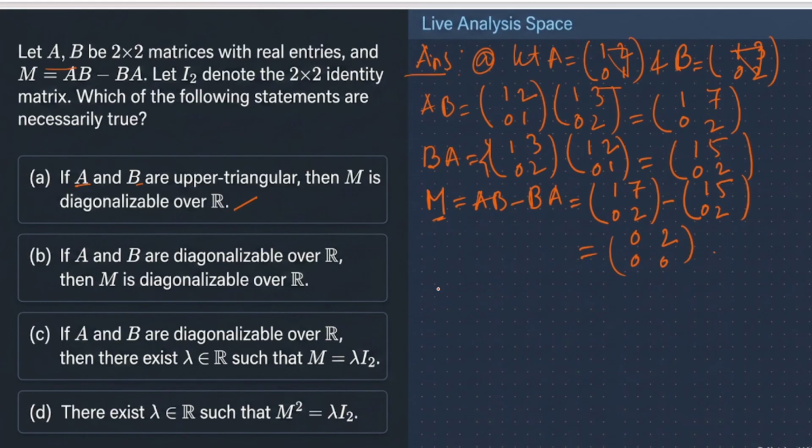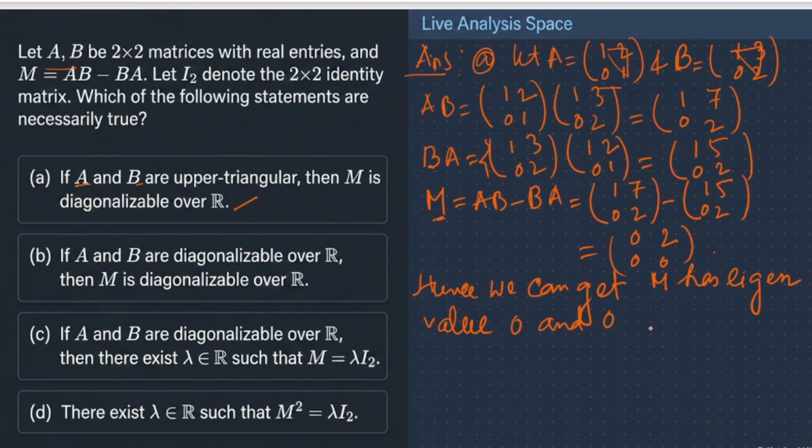Hence, we can say M has eigenvalue 0, and 0 has only one independent eigenvector.